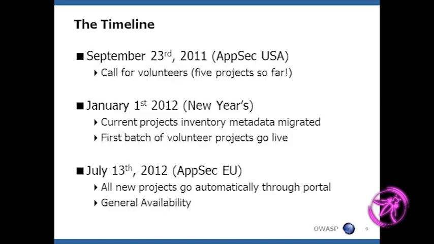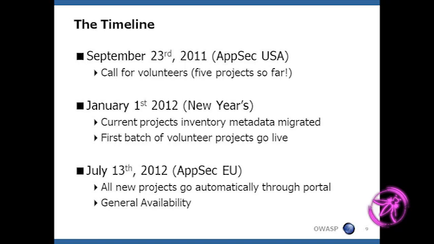This is what we're going to do now. We've got a timeline. We've got 5 projects out there. If there are any project leaders in the room who want to volunteer their project, I will happily take down your name, and we're going to migrate them slowly. By the new year, we're going to have at least all the metadata from our projects migrated to SourceForge, so you can start searching on that metadata.